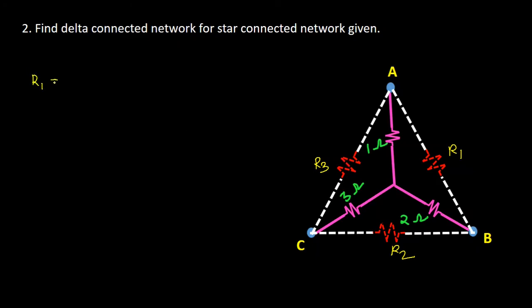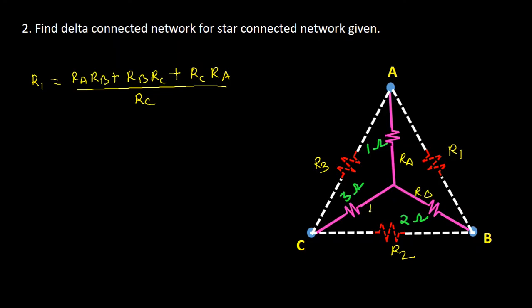R1 will be equal to, what is the formula? RA RB plus RB RC plus RC RA, whole divided by the front resistance to R1. What is the front resistance to R1? 3 ohm is there. So the formula was RC. So this is RA, this is RB and this is RC.